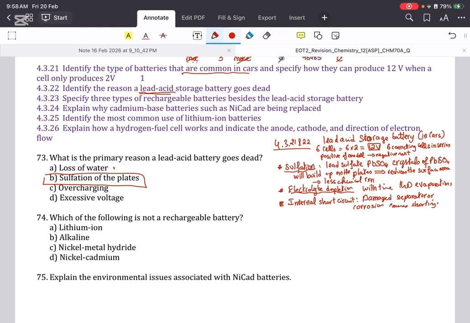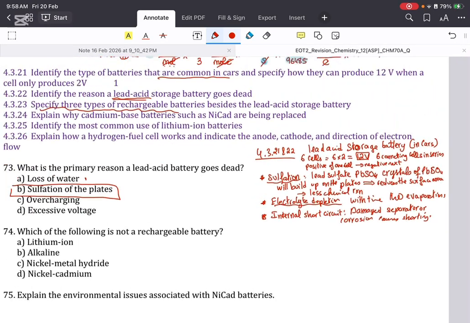Now, the next KPI: specify 3 types of rechargeable batteries other than the lead acid storage battery. Of course, the battery of the car is a rechargeable battery. You don't change it frequently until it dies.